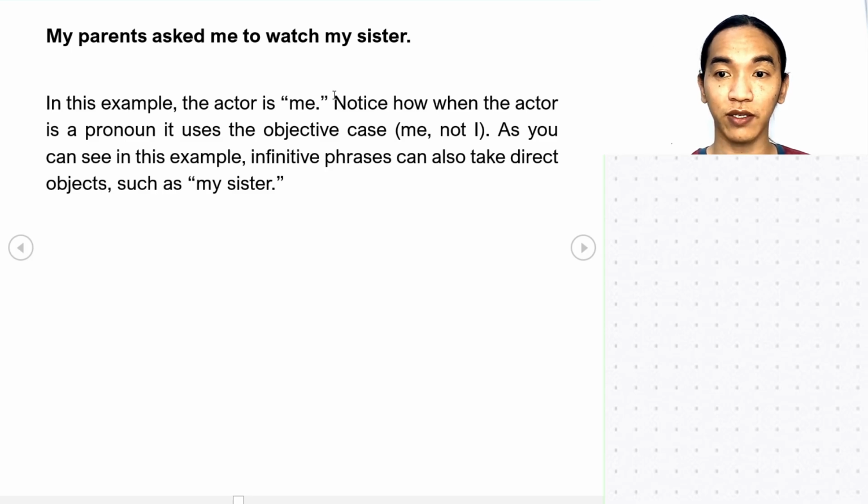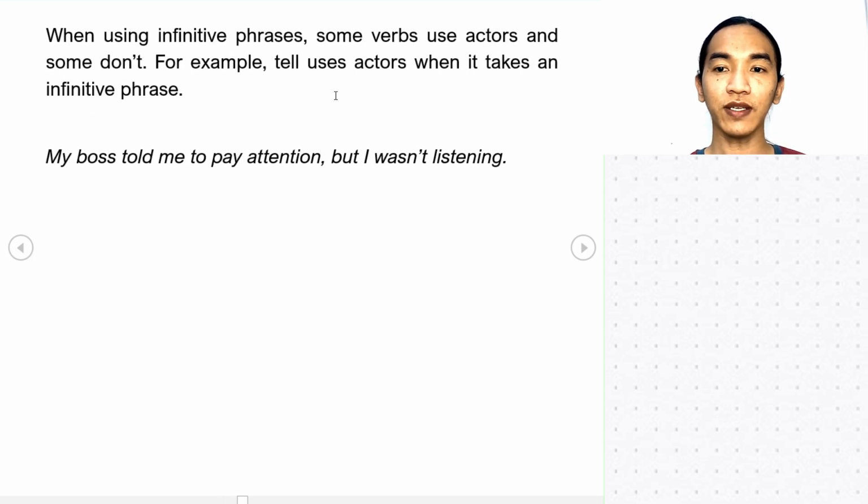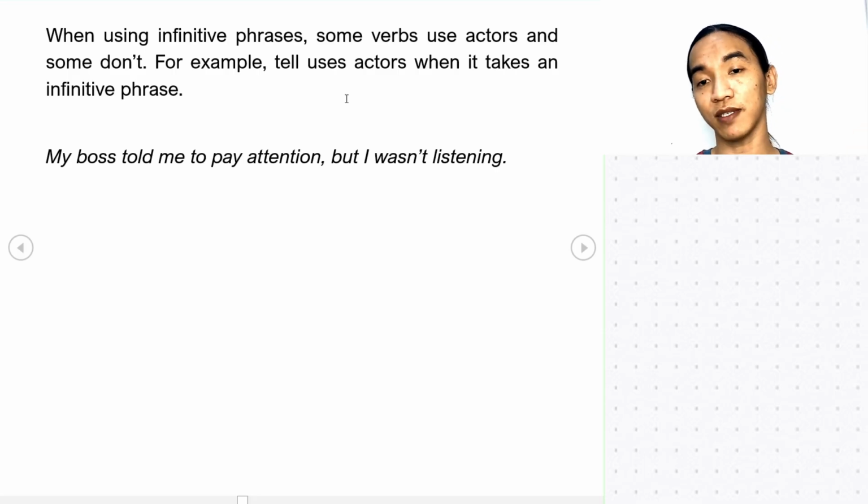There's also a direct object to your infinitive. When using infinitive phrases, some verbs use actors and some don't. For example, tell uses actors when it takes an infinitive phrase. My boss told me to pay attention, but I wasn't listening. Remember, some of them can have actors or the doer, and some don't.